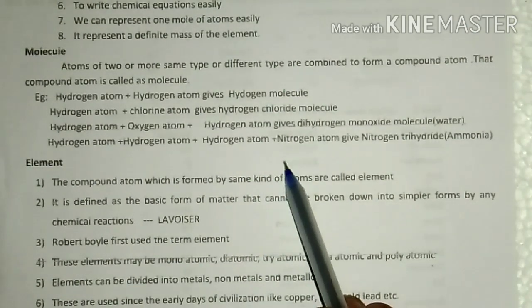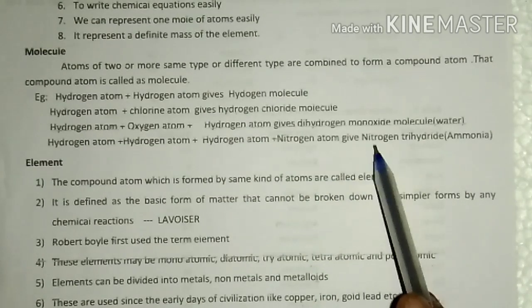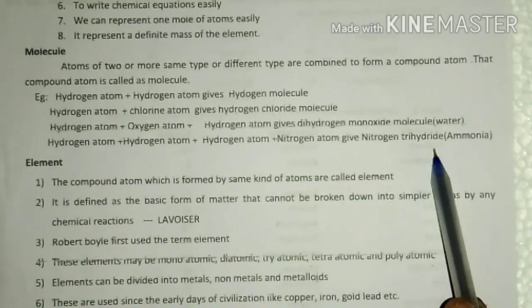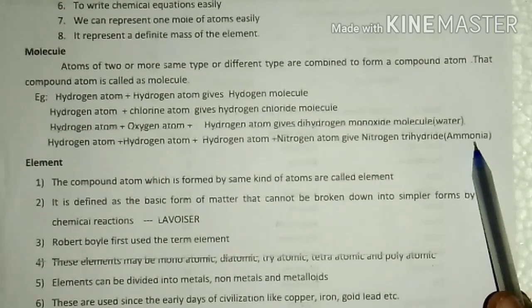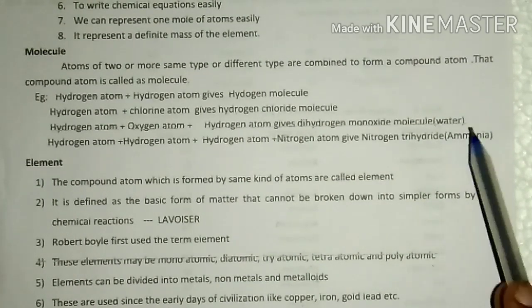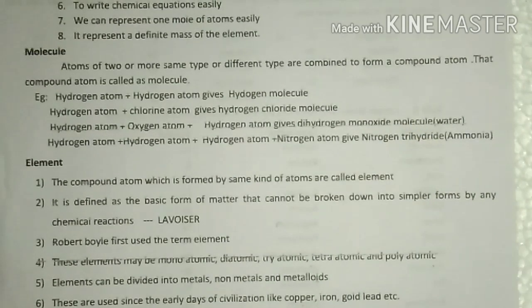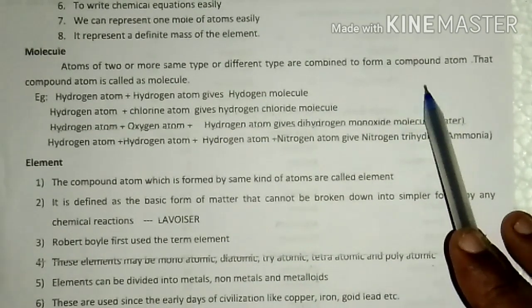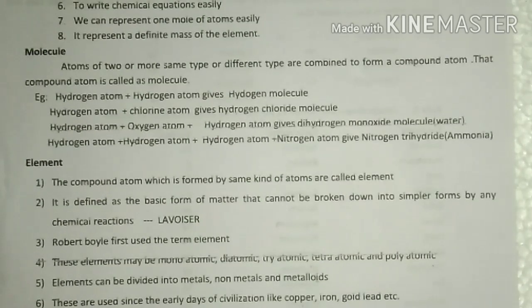Totally three hydrogens and one nitrogen. Now it is called nitrogen trihydride, generally called ammonia. So ammonia is a molecule. A molecule is a combination of either the same kind of atoms or different kinds of atoms.